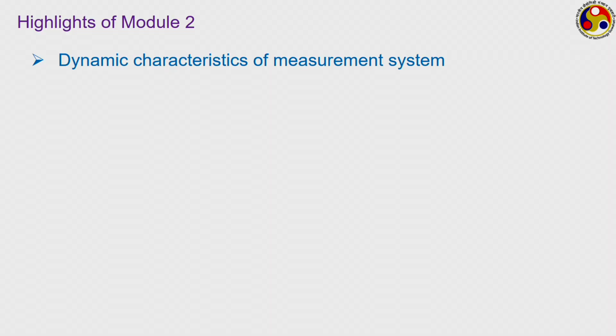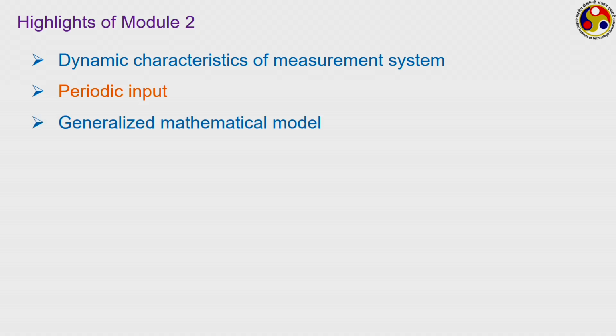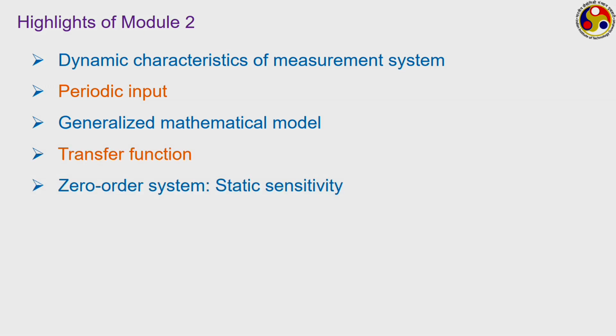So, in this module, in this week, we have discussed the dynamic characteristics of our measurement system. We have talked about periodic input in quite some detail in our first lecture here. Then we developed a general mathematical structure using which we got the concept of the transfer function. We have discussed first and second order systems. For the zeroth order system, the concept of static sensitivity came into play.